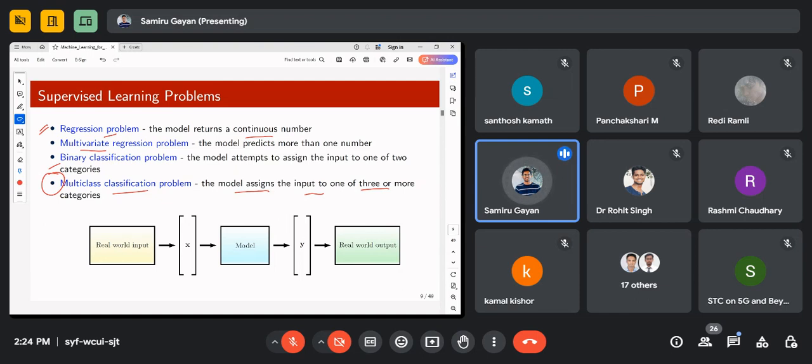For example, in communications, this symbol that we send may be a QPSK symbol. I can't give it to the model like this. I need a certain type of encoding.